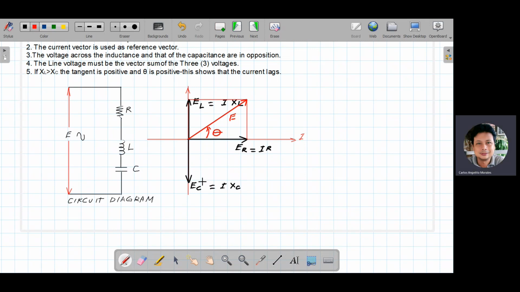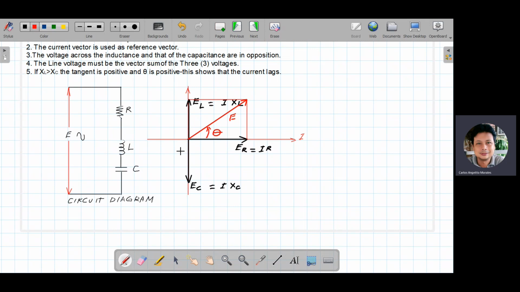So, kung ano yung mas malaki sa kanilang dalawa, yun yung mangingibabaw kung leading or lagging. Of course, kung mas malaki yung inductive reactance sa capacitive reactance, magiging lagging kasi nahuhuli yung current sa voltage. Pag mas malaki yung capacitive reactance sa inductive reactance, kasi ang reference natin current, magiging leading kasi mas nauuna yung current sa voltage.